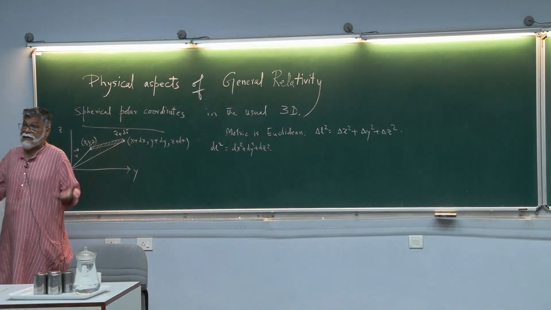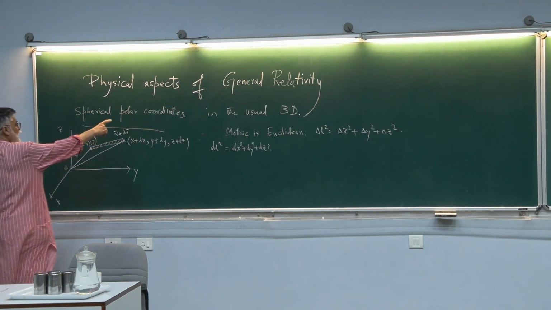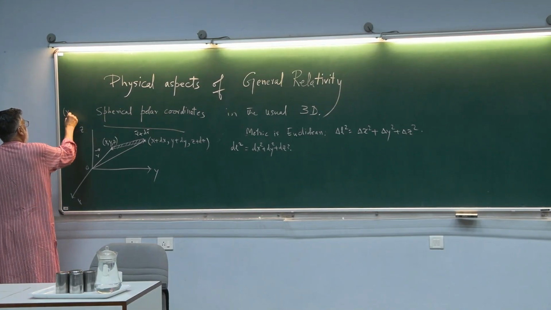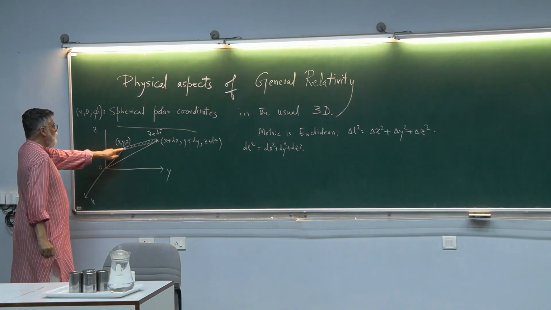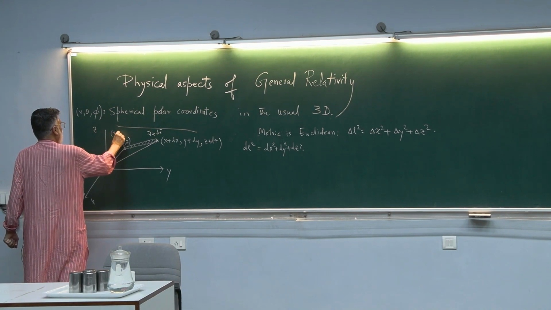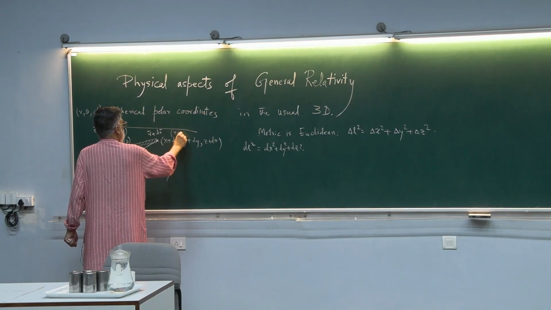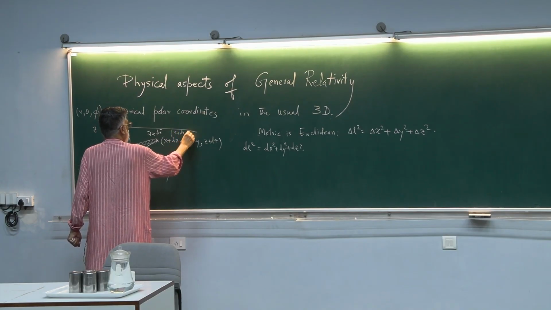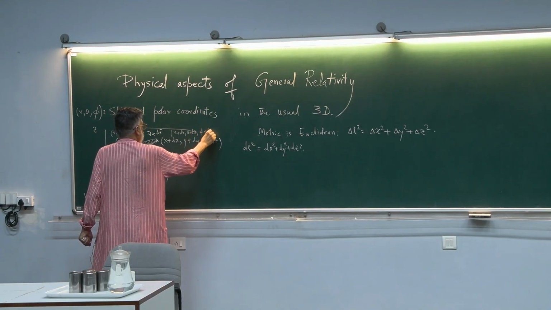But someone, let's say, doesn't know about Cartesian coordinates. He has simply no idea about Cartesian coordinate system, and he decides that he will use the spherical polar coordinate system r theta phi. In the spherical polar coordinate system, we know the coordinate of this point is r, theta, phi, and similarly the coordinate of this point is r plus dr, theta plus d theta, and phi plus d phi.